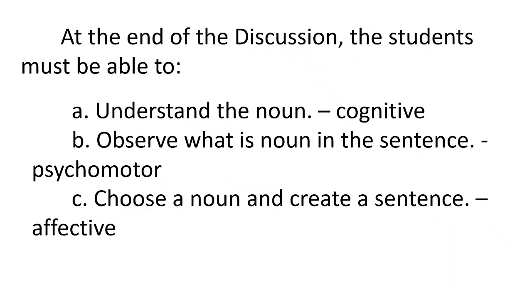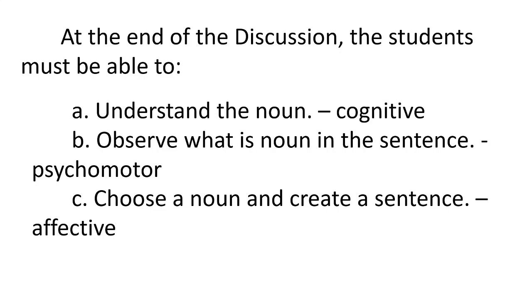Alright. As you can see, at the end of the discussion, the student must be able to, letter A, understand the noun. That is under cognitive. So, hindi na natin gagamitin si understand. So, letter B, observe what is noun in the sentence. That is psychomotor.